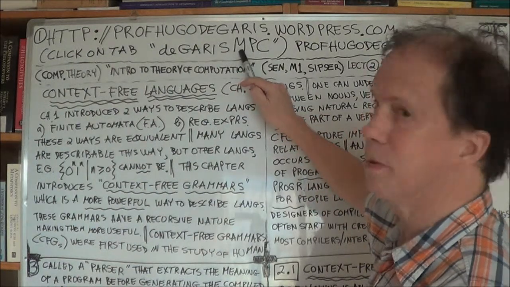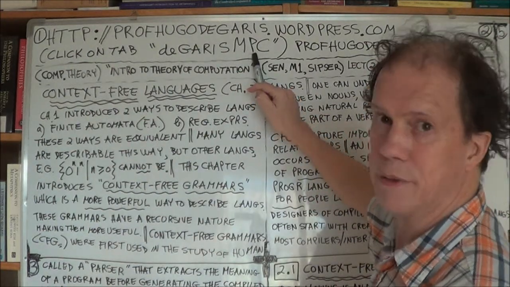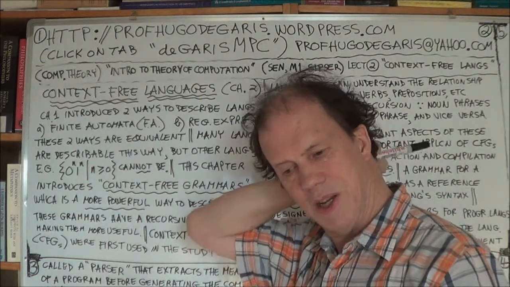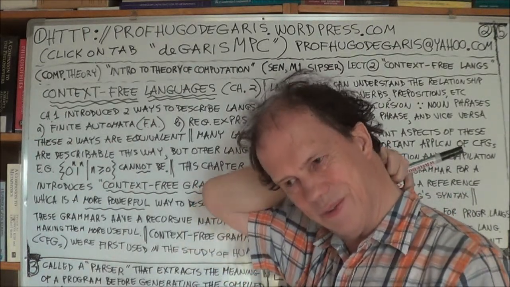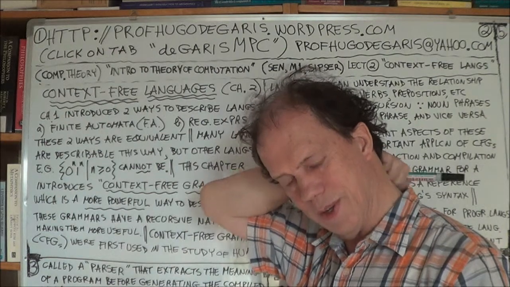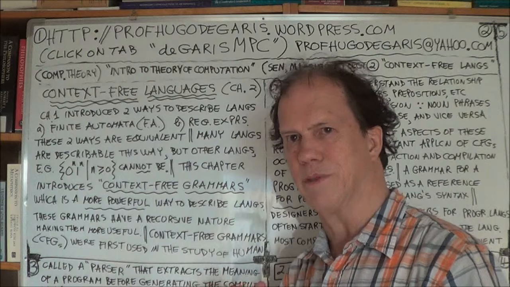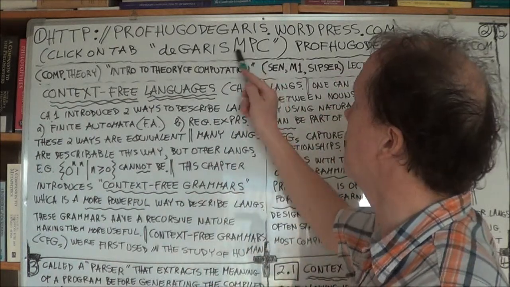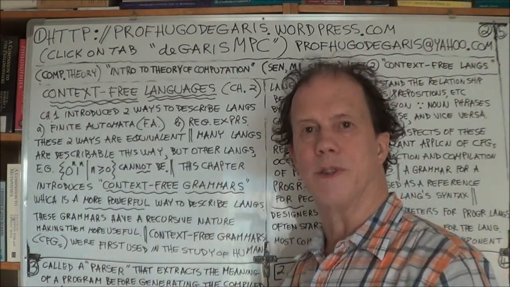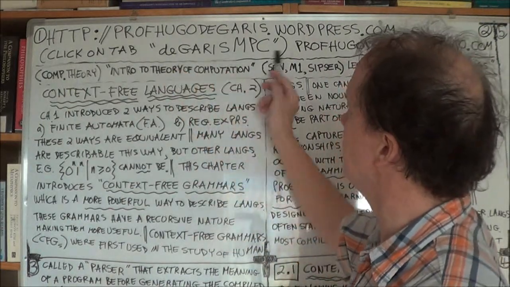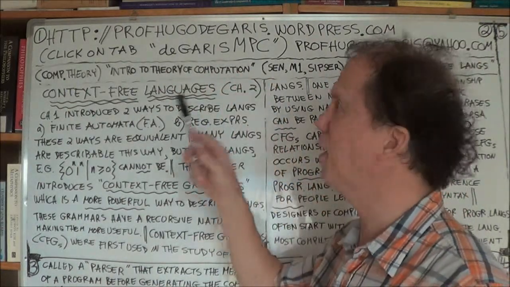M for pure math, P for mathematical physics, and C for computing theory. About 10%, if that, of the total number of courses will be on computer theory, most of them on pure math and math physics. I call this series deGarisMPC. deGaris is just my family name.